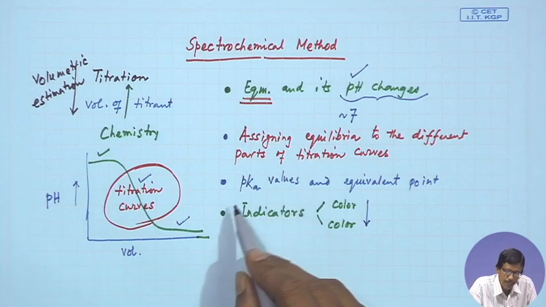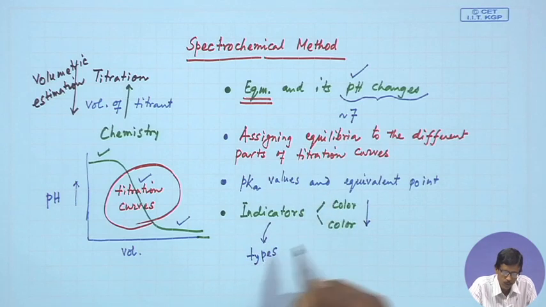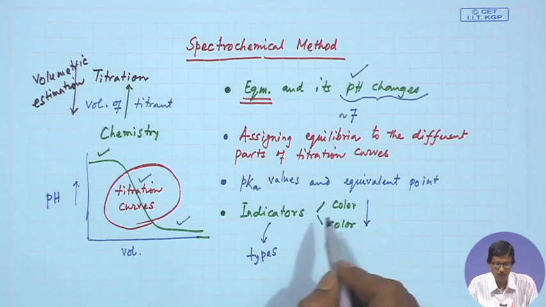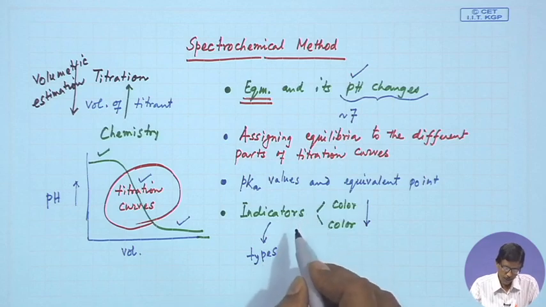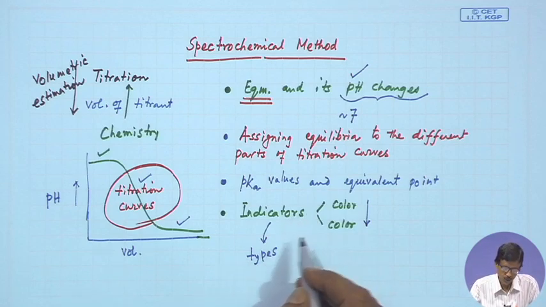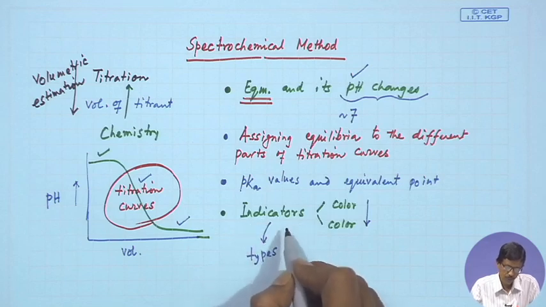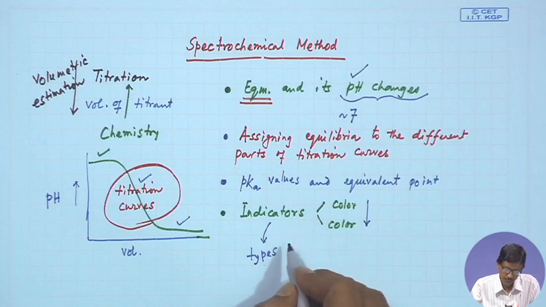So, what are the types of these indicators, what are these materials, and which particular compounds? Again, we all know that chemists always have this particular advantage for acid base, for redox, for complexometric titrations. In all these cases we will see that there will be different indicators to be utilized for the titration.